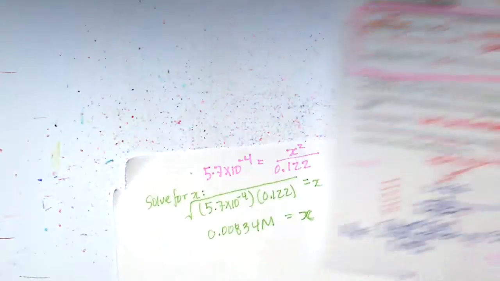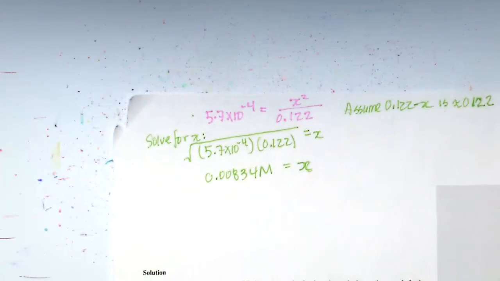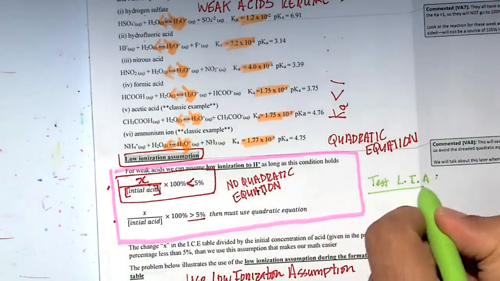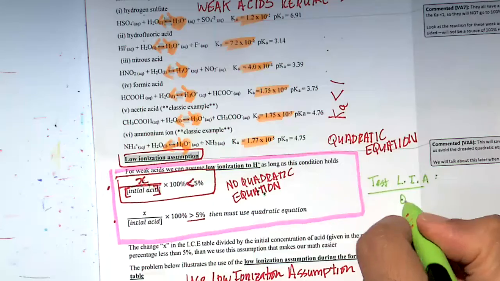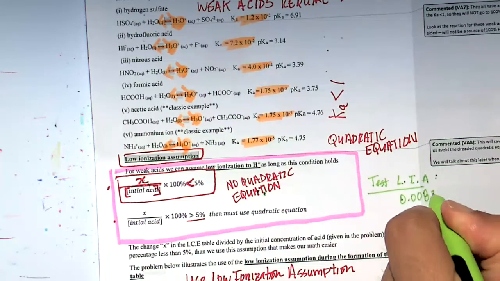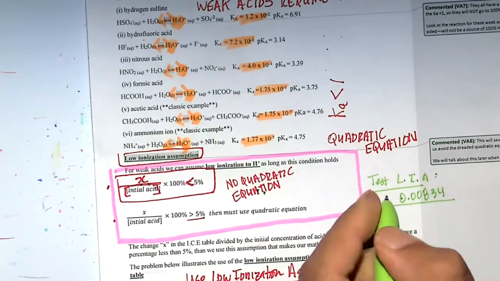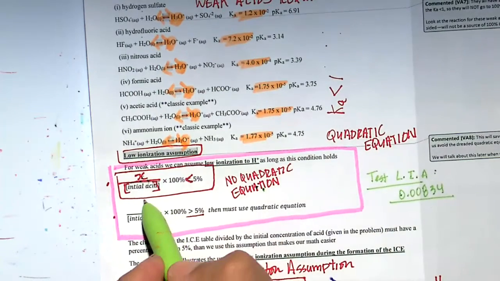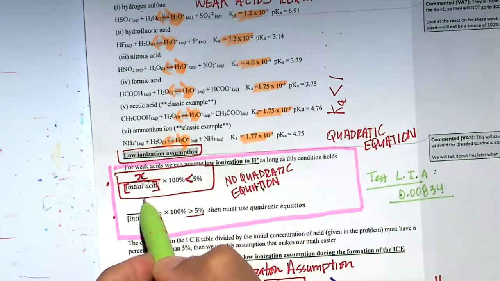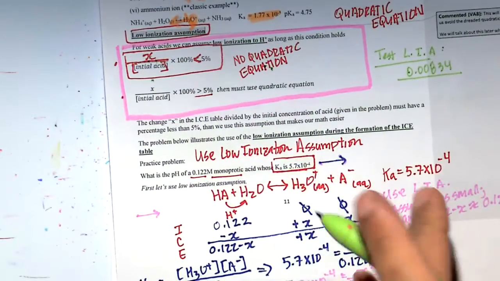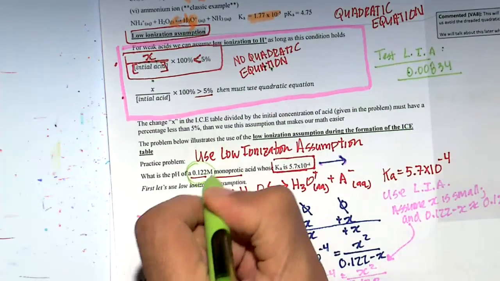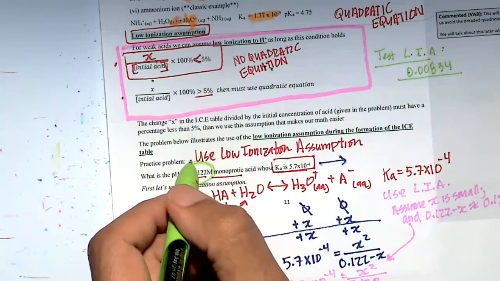The x we got in this problem is 0.00834, divided by the concentration initially of our acid, which is 0.122.